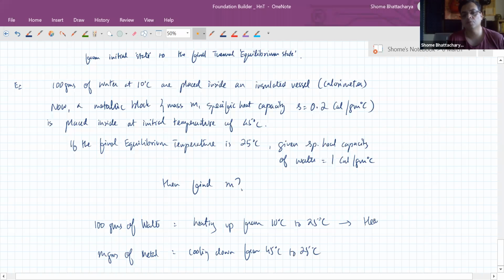So the heat absorbed by the water will be mass of water into specific heat capacity of water into temperature change for water.